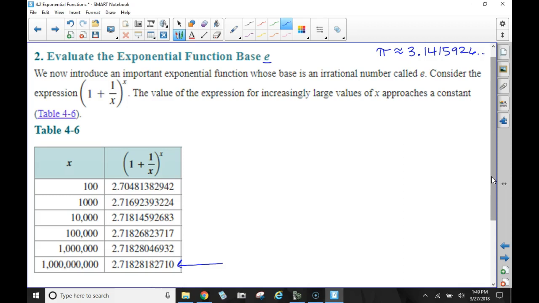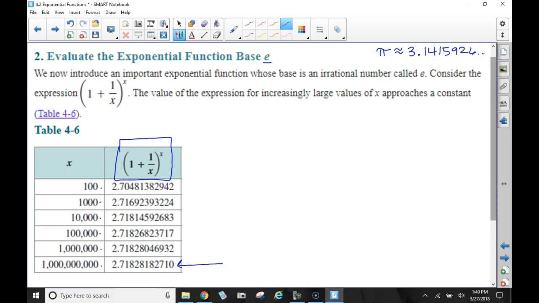And so the way that it is found is by increasing values of x. We're going to let x get bigger and bigger and bigger, and then we are going to evaluate this expression right here for those increasing values of x.